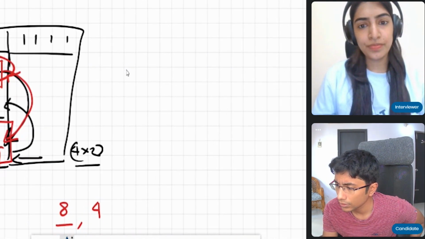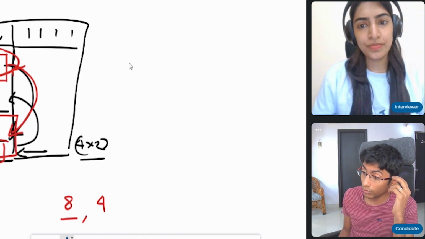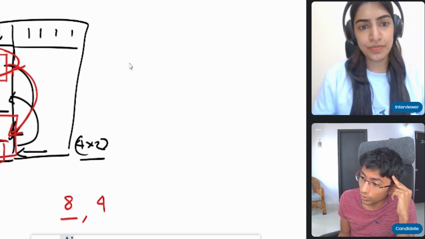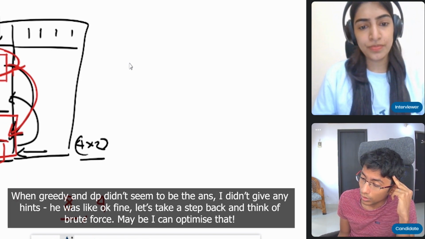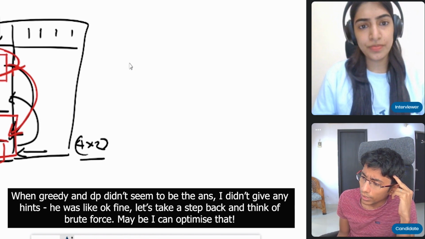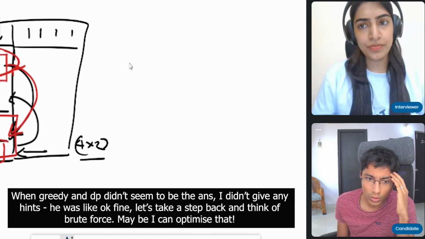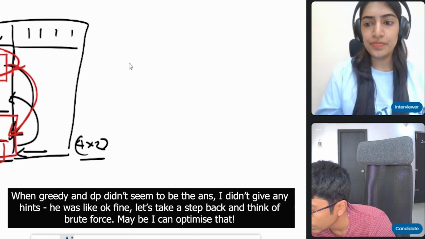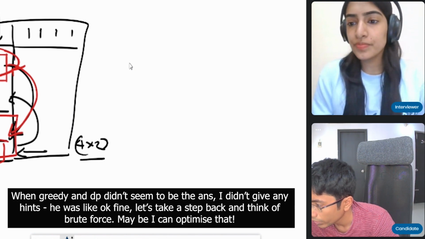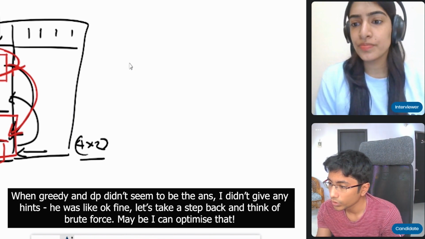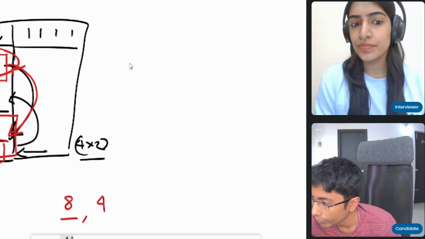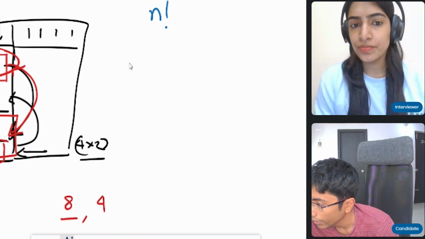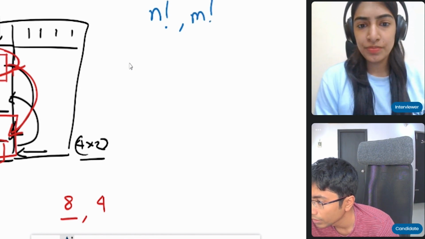Let me try something else. What can I think of over here? Let's try a brute force approach. Let's try n factorial, which is basically trying every possible combination of this matrix in terms of rows and every possible combination in terms of columns.